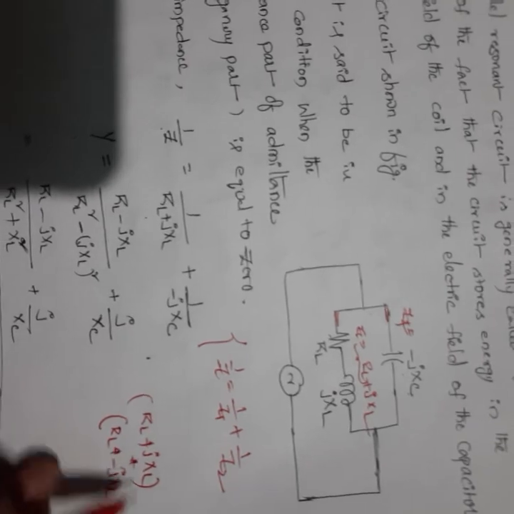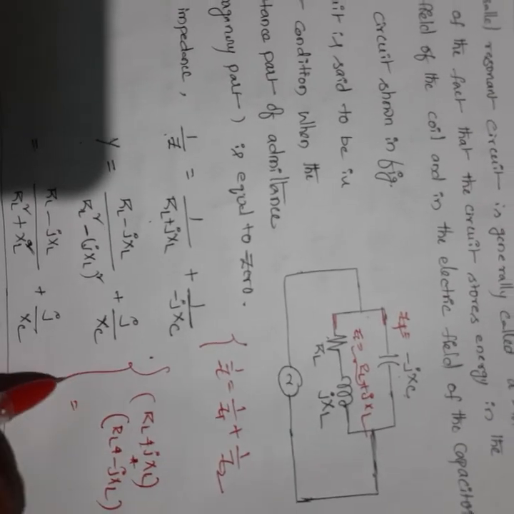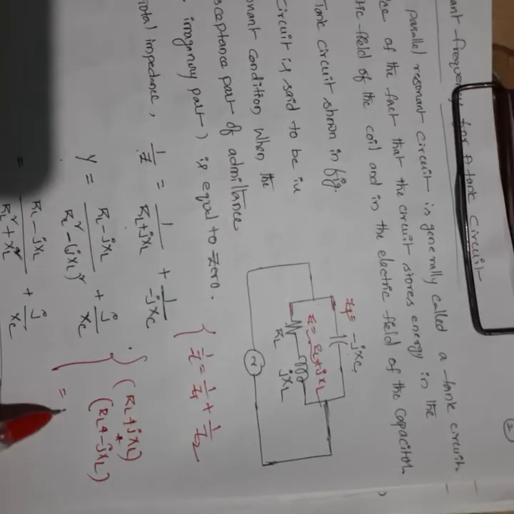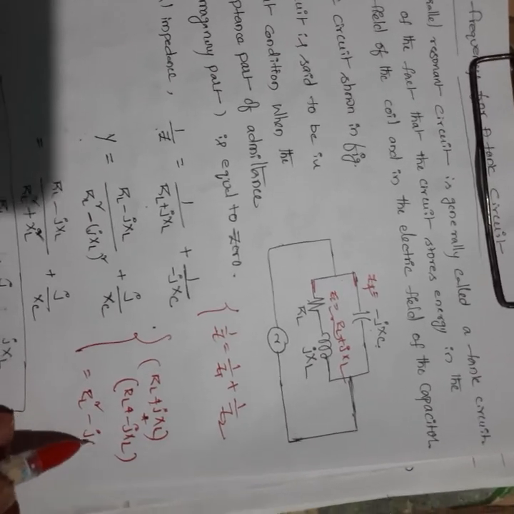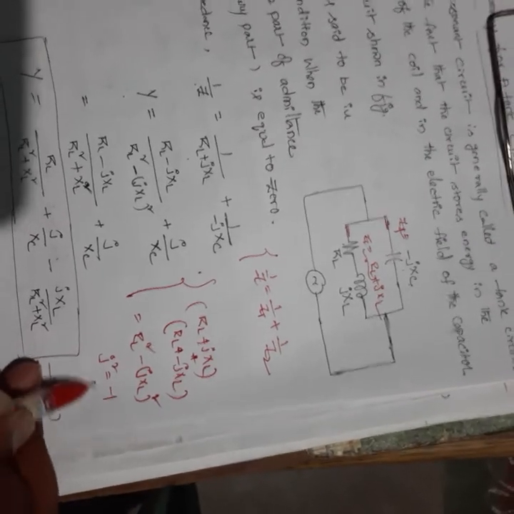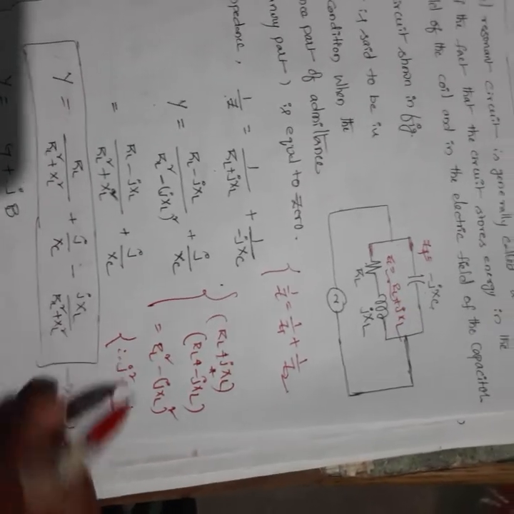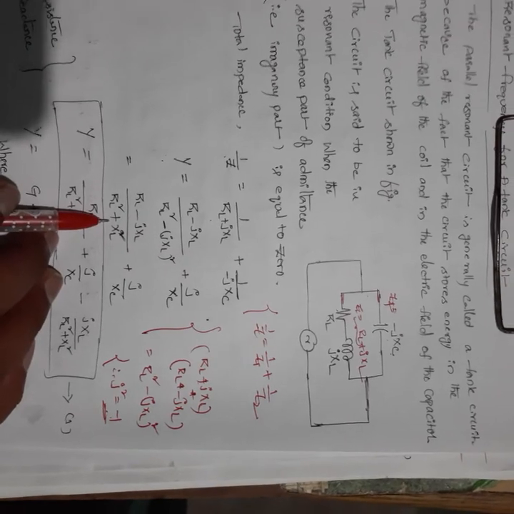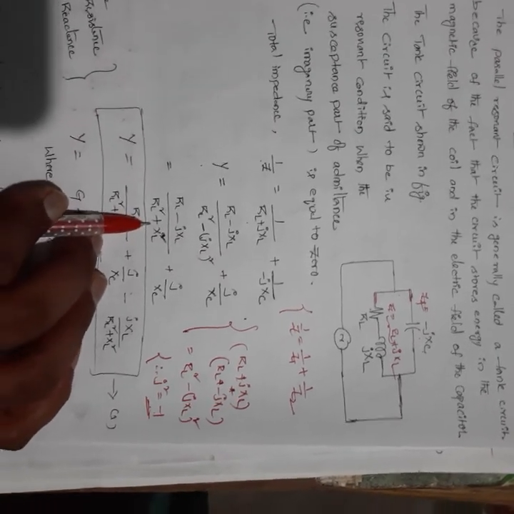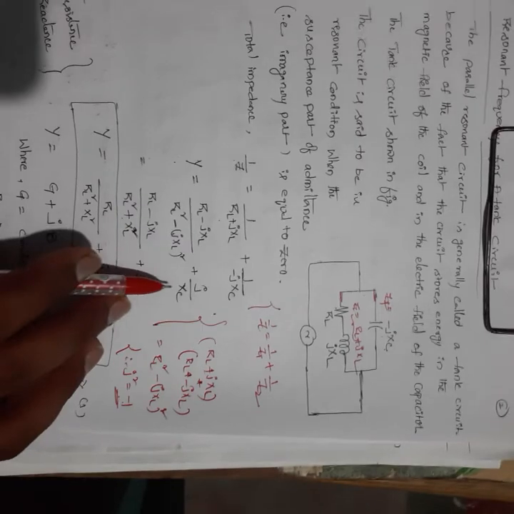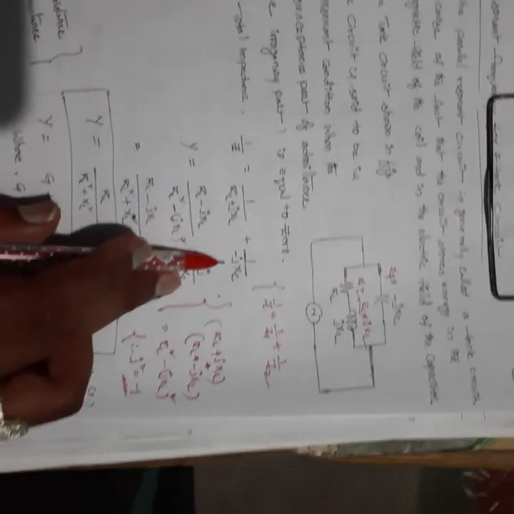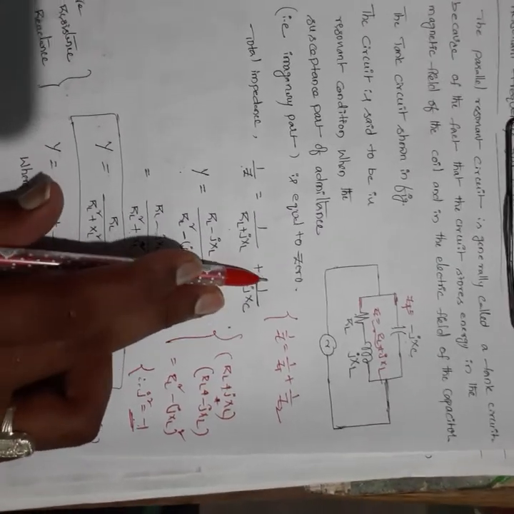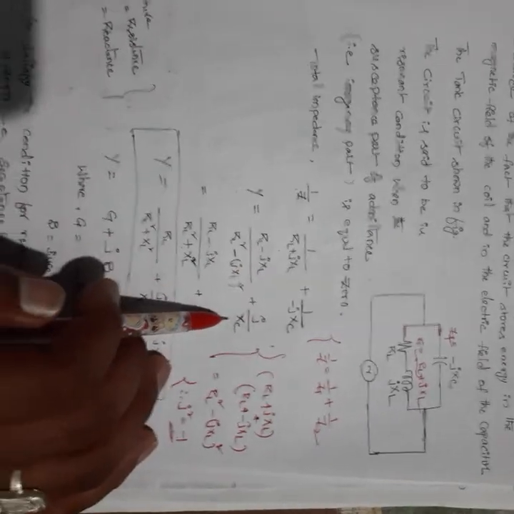Then the product of these two is (A plus B) into (A minus B), so A square minus (jX_L) square. Here j square equals minus 1, so that becomes plus. The denominator of the second term consists of minus j, so sending minus j to the numerator gives plus j by X_C.